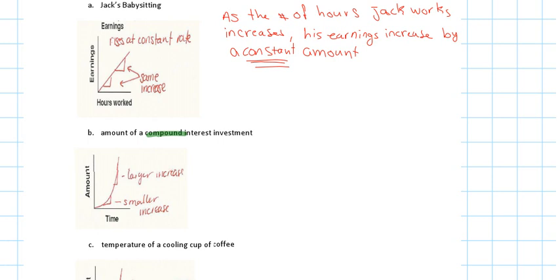The amount is increasing with time. Yes, so as time increases, the amount increases. Is it increasing at a constant rate? No, it's increasing at a slower rate at the beginning, but then at a faster rate after that.